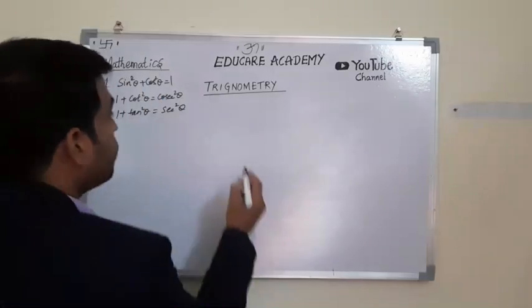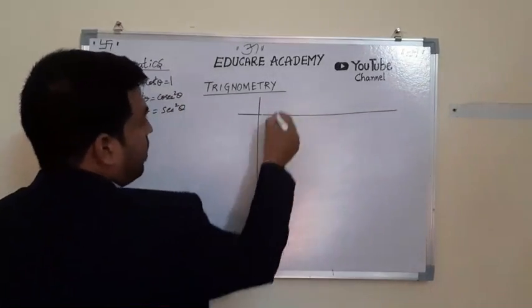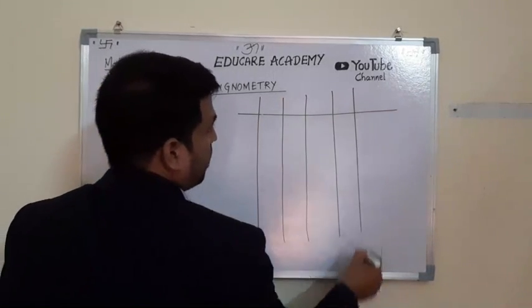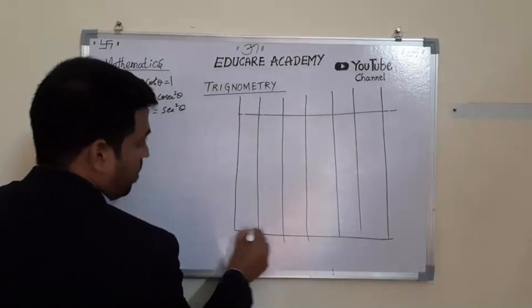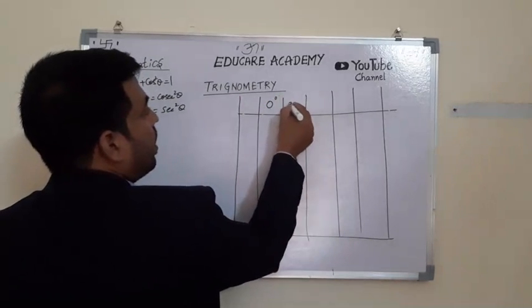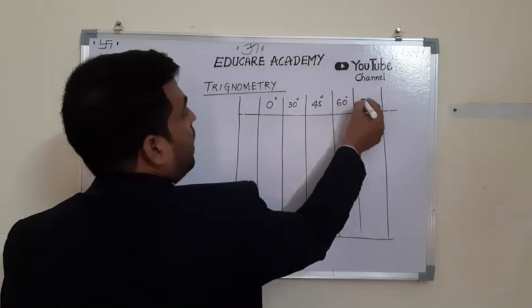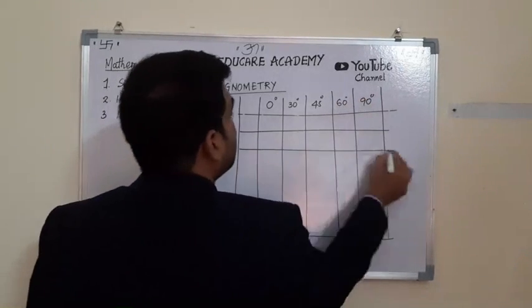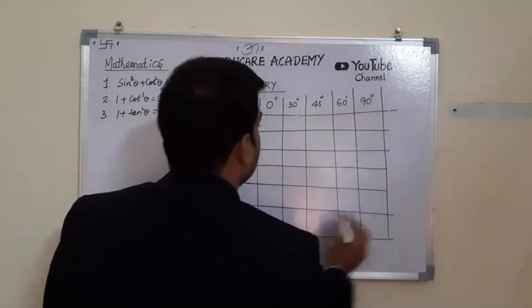We have certain angles over here, and we'll write 0 degree, 30 degree, 45 degree, 60 degree and 90 degree.